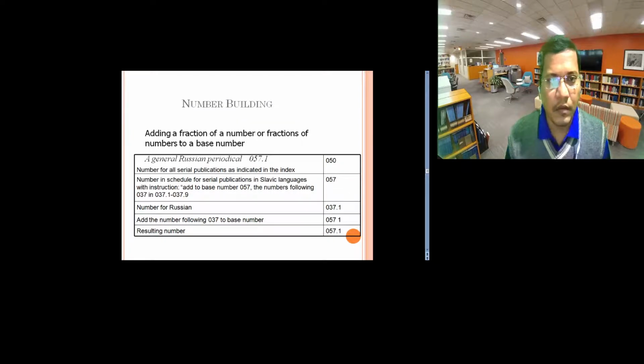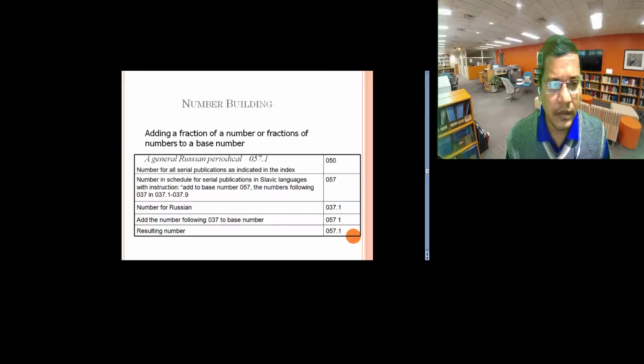Now adding a fraction of a number or fractions of numbers to a base number is another category. For example, for a general Russian periodical, the number is 057.1. How is it built? The number for all serial publications is indicated in the index as 050.